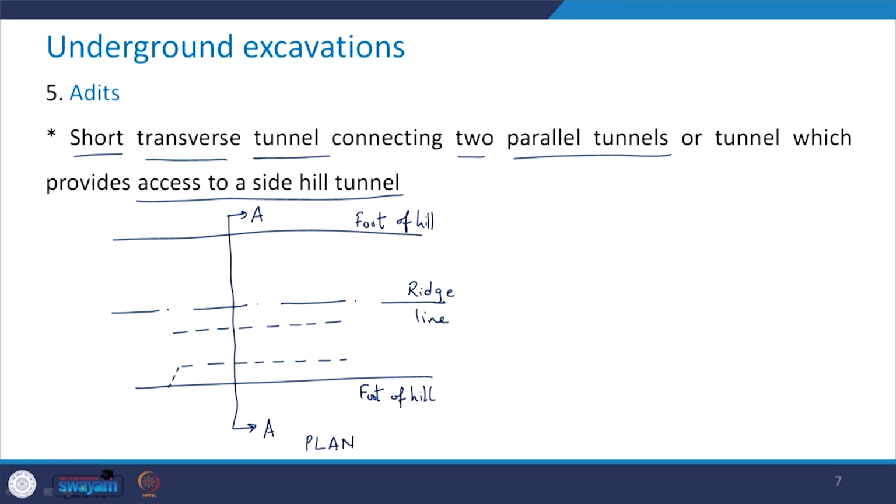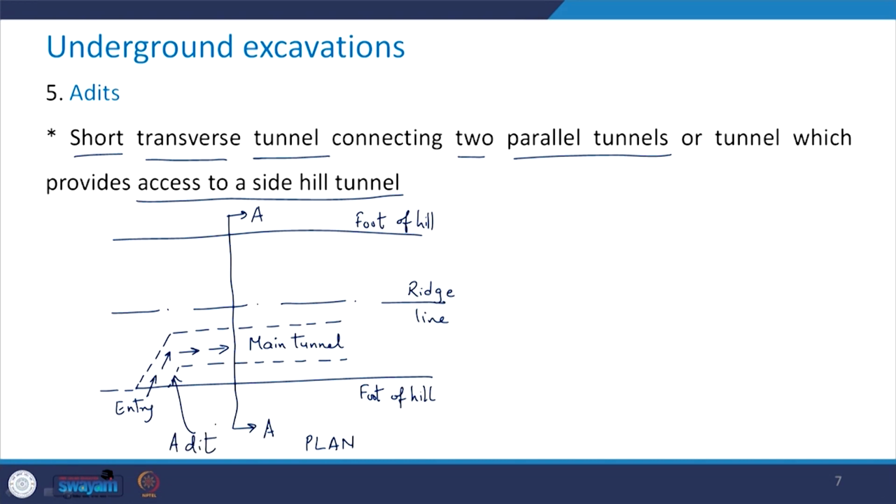So, if I just have this kind of structure which is used for entry to the main tunnel, so this is your main tunnel. This is entry. So, this is called as adit.